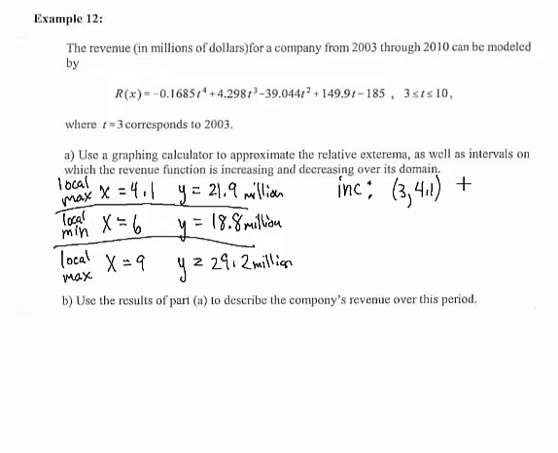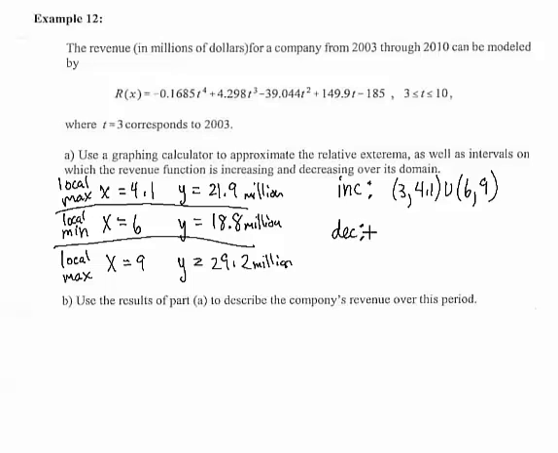Then we pick it back up with the local minimum at x equals 6, and the revenue increases to the last local max, 9.